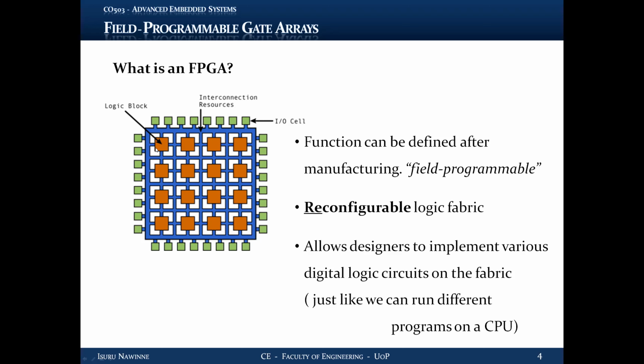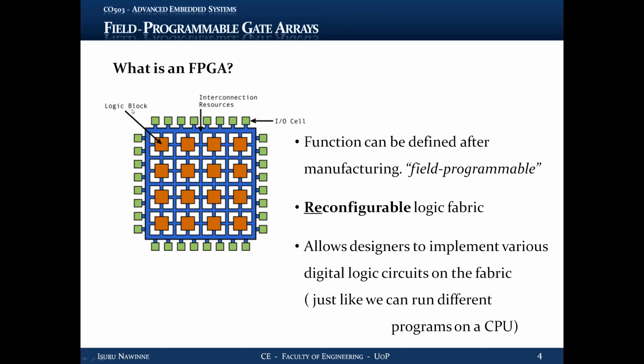Different manufacturers call them by different names, logic blocks or logic elements. And they are connected by some sort of an interconnect. And it looks like a fabric, right? That's why it's called a logic fabric. It looks like a woven fabric.